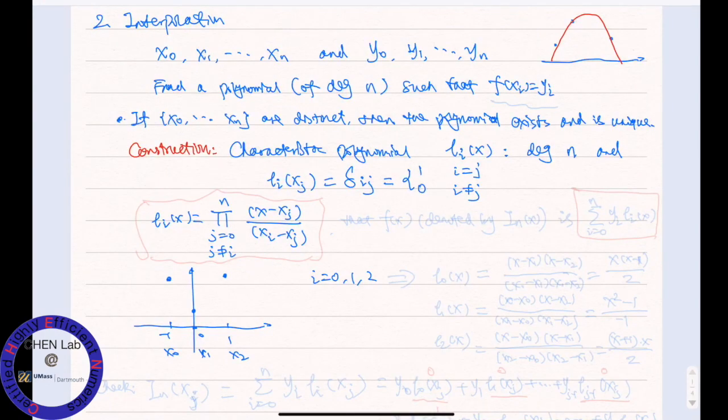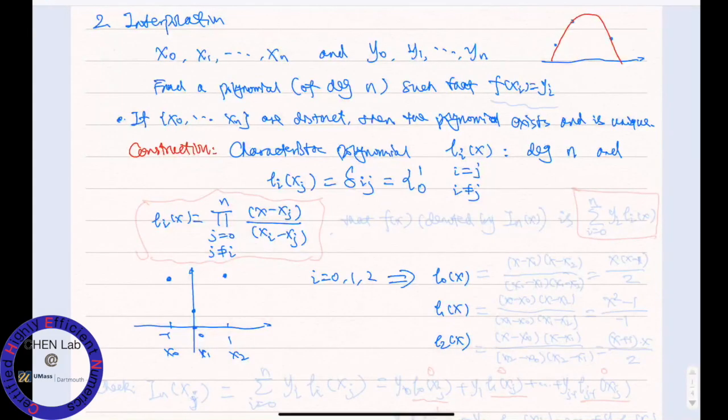I know many of you are not comfortable with this kind of notation, the dummy index. Our i runs from 0 to 1 to 2. Which means we talk about Li of x: L0 of x, L1 of x, L2 of x. We're going to get 3 characteristic polynomials. Each is a function of x.